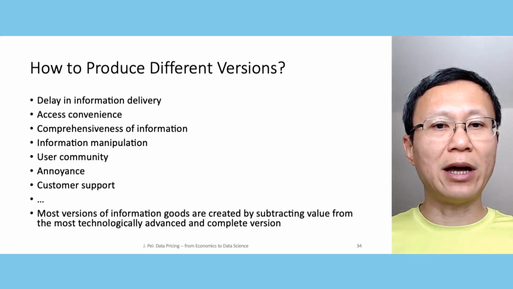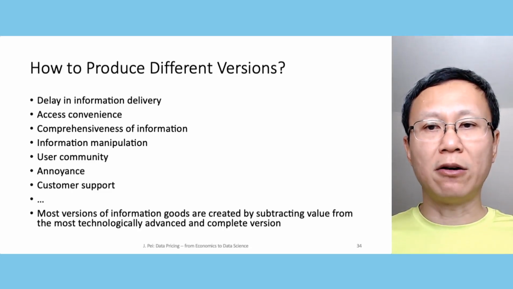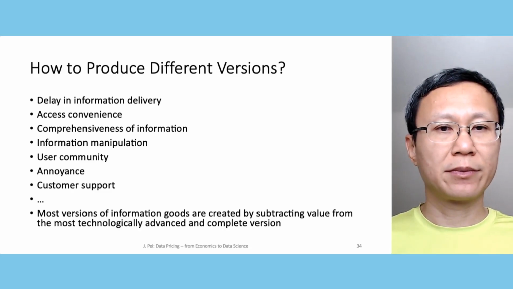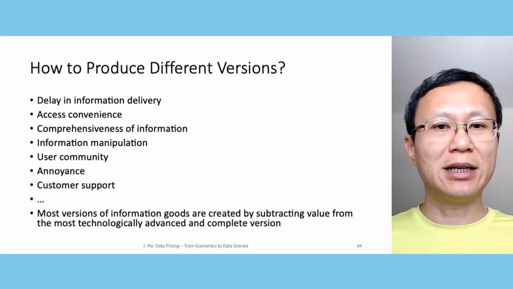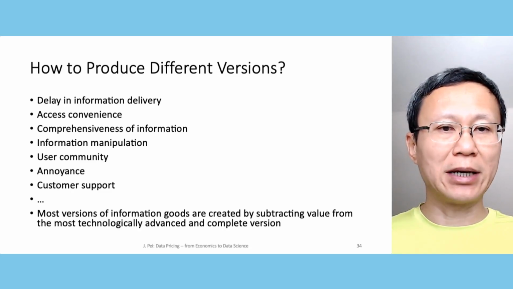Or they can be defined by community, meaning the availability of posting and reading discussion boards. Sometimes it may even be defined by annoyance, meaning the option of no advertisement. Or there are many other factors that may be considered.